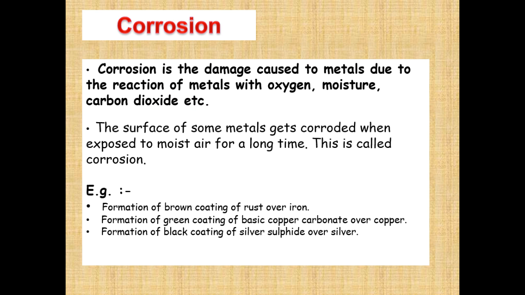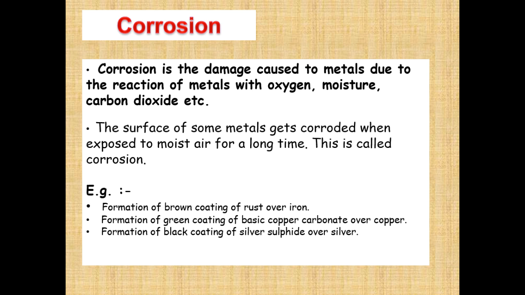Now we will discuss corrosion. Corrosion is the damage caused to metals due to the reaction of the metals with oxygen, moisture, carbon dioxide, etc. What actually happens to the metals?